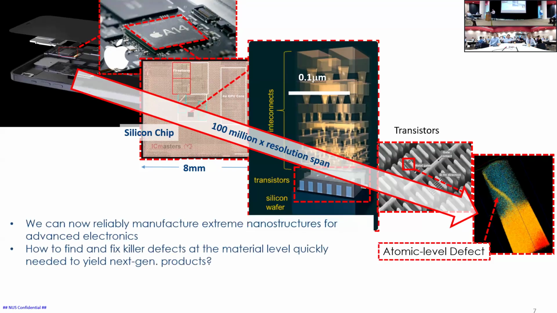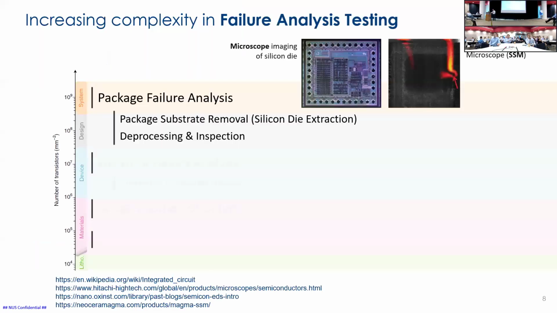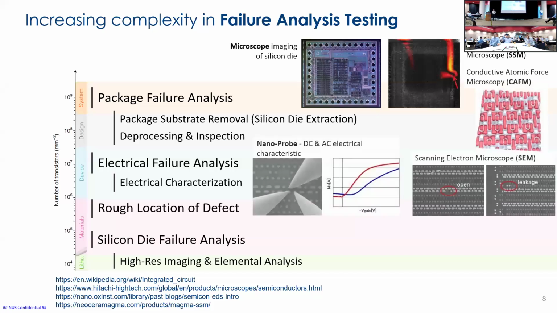So when we were first working with AMD, the question was, can you speed up this process, and where can you speed up the process? There are several issues with failure analysis.